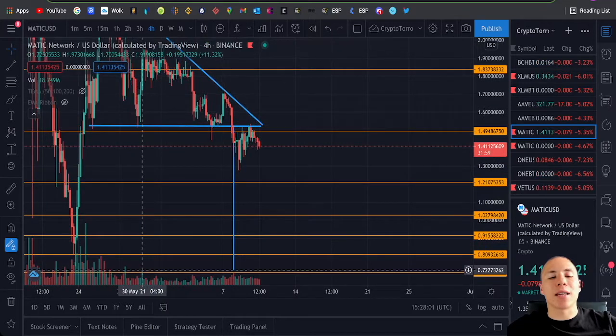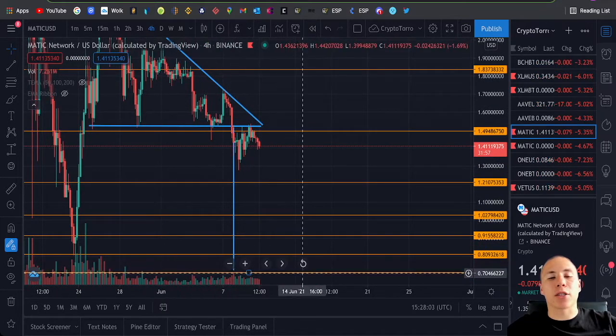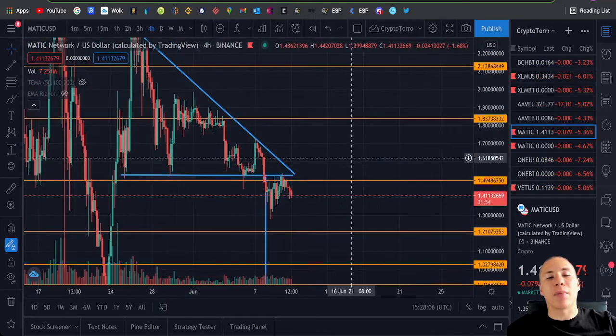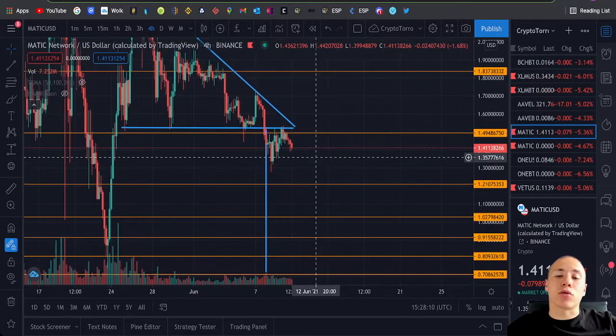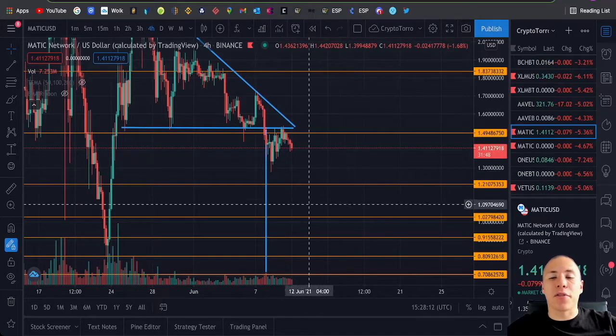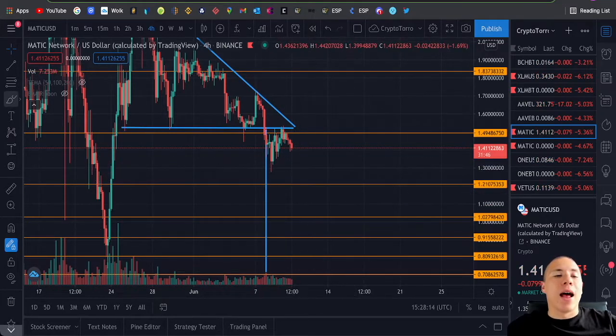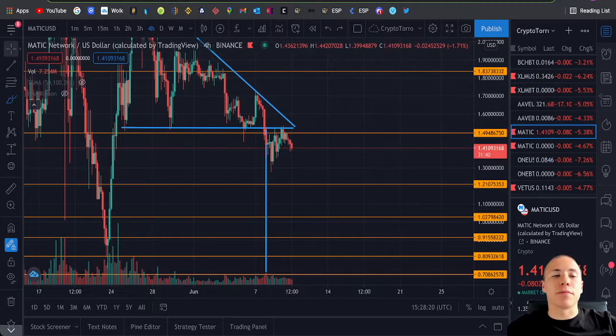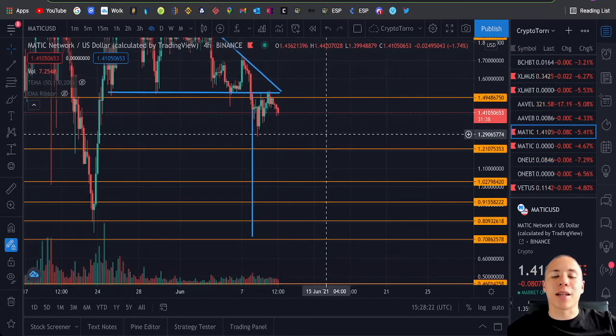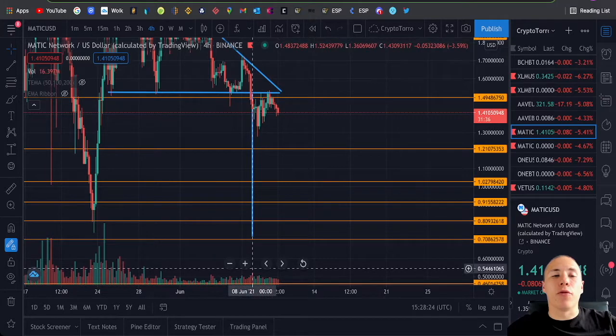And right now we are not seeing any type of volume action, so I personally think that this might not go all the way down and just hold strong, maybe perhaps above the $1.21 level of support.